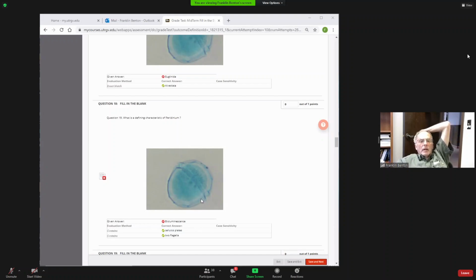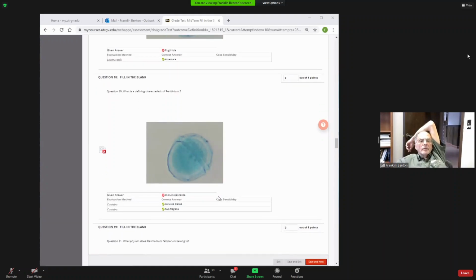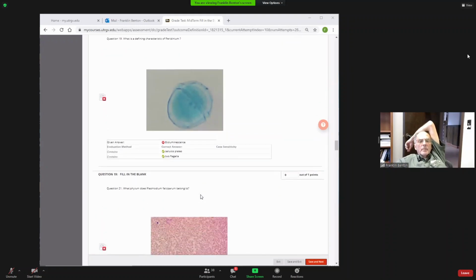But they have cellulose plates, one here, another one there, and they also have 2 flagella, usually one long and one very short. We'll have the short one here, and the long one will go around along what they call the sulcus. But if you put bioluminescence, I'll count it right.